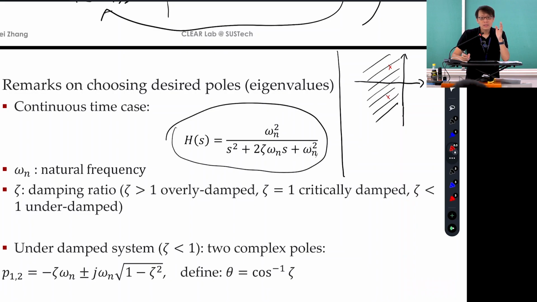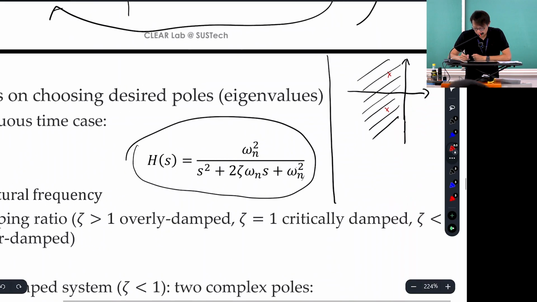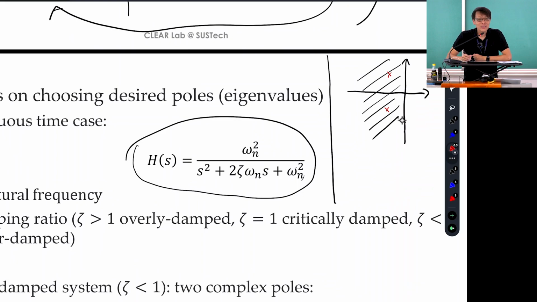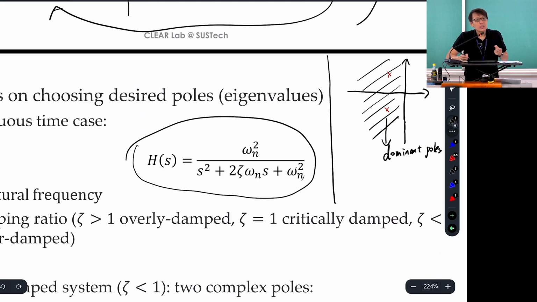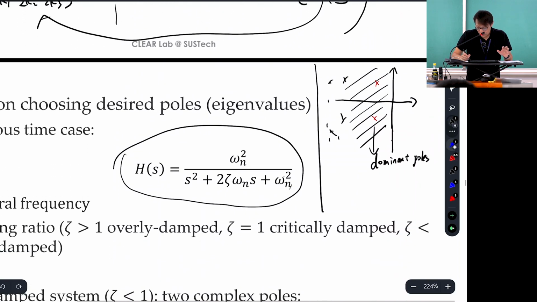If your system is not second order, you treat them as if they're second order. All the other poles, if you have the chance to design your controller, you should move them further away on this plane, so that your system will be approximately second order.